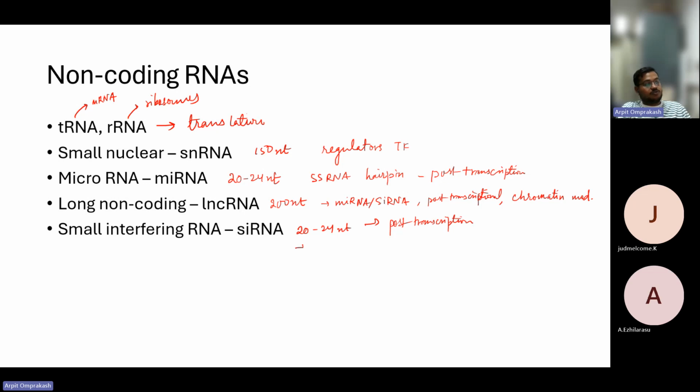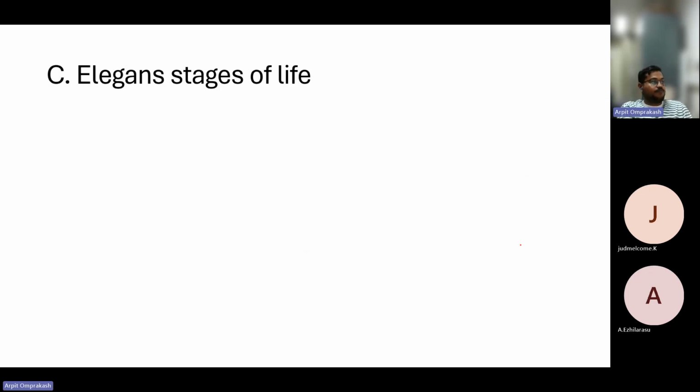The important thing to note is that small interfering RNAs are generally exogenous, and they are also called RNAi or RNA interference. Exogenous means they come from outside the cell. This leads to a wide range of biotech applications, which we'll talk about in a bit.